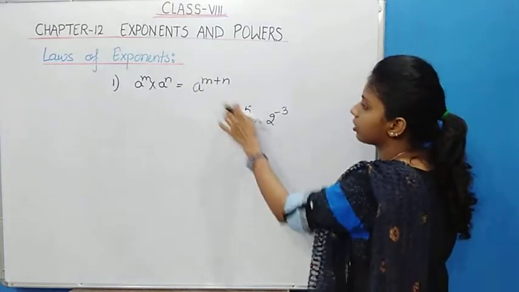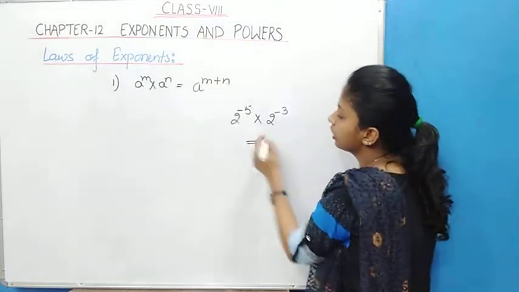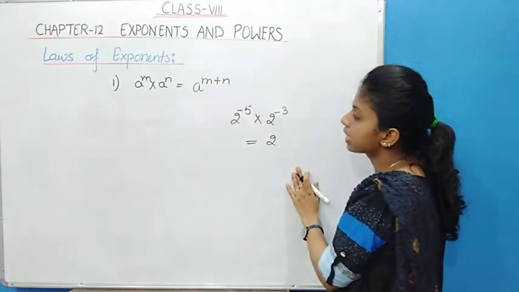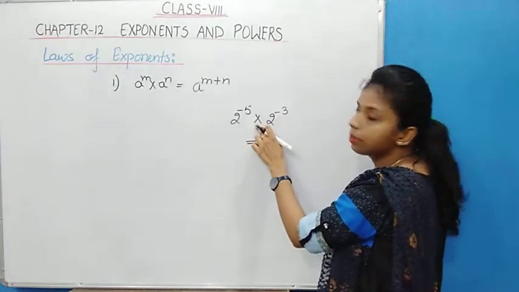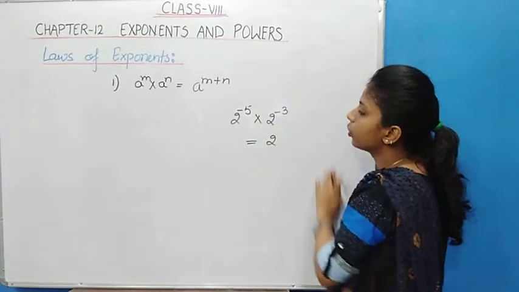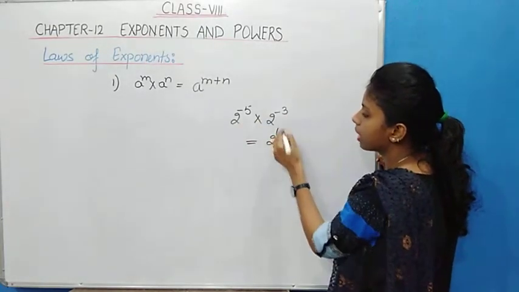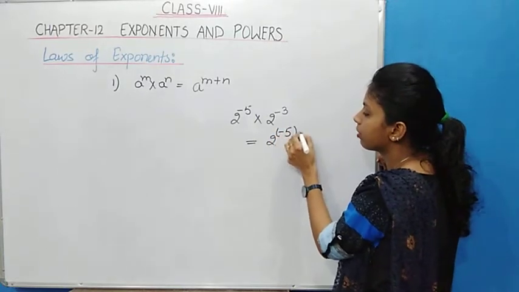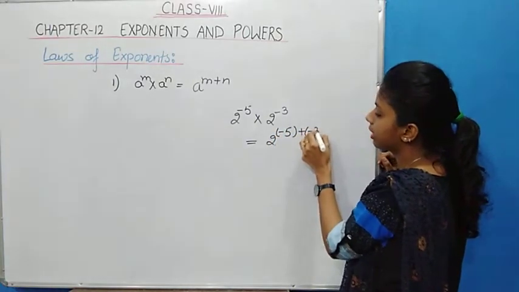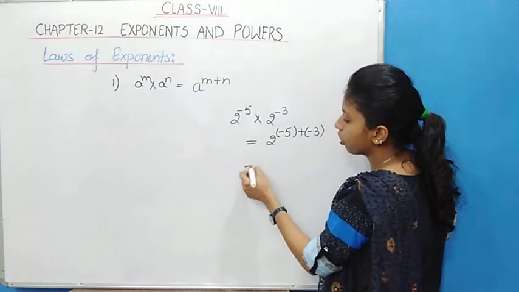According to this law, we get the same base and after multiplication the exponents are going to be added with each other. So here we have the exponent as minus 5 plus minus 3. Let's check what we get.